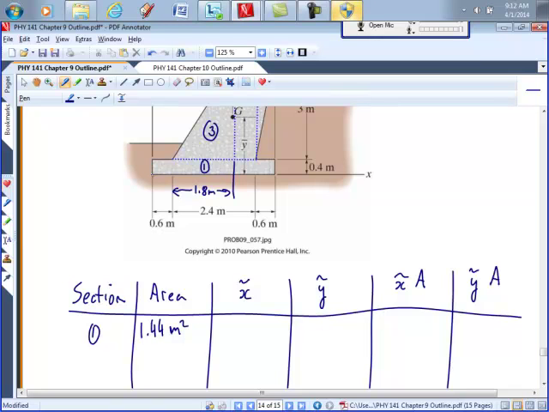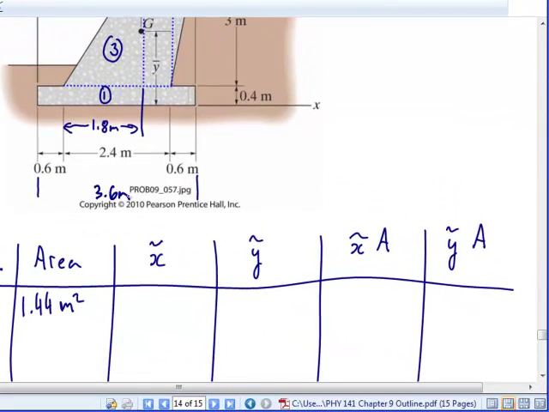Okay, and if my origin is here, where's my x tilde? 1.5. Right, so this was a total, so let's write that total distance in here. Total distance here is 3.6 meters. So x tilde is half of that distance, 1.8 meters. What about y tilde? 0.2.